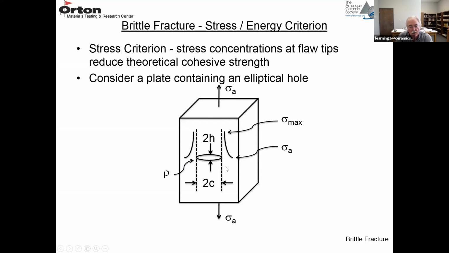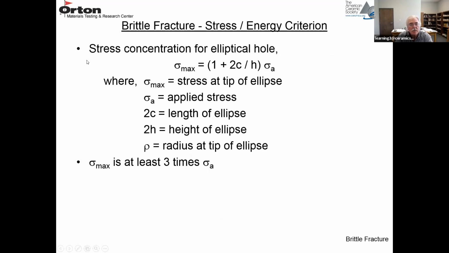perpendicular to this flaw. And if you plot the stress as a function of distance from the tip of this ellipse, you'll have a maximum stress concentration right at the tip, and then it falls off as you approach the surface to sigma A, which was the applied stress. So you have a stress concentration at the tip of this ellipse. And there's an equation that describes that maximum concentration.